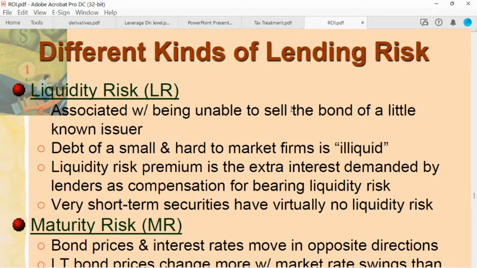And then promissory notes and accounts receivable are also liquid assets.